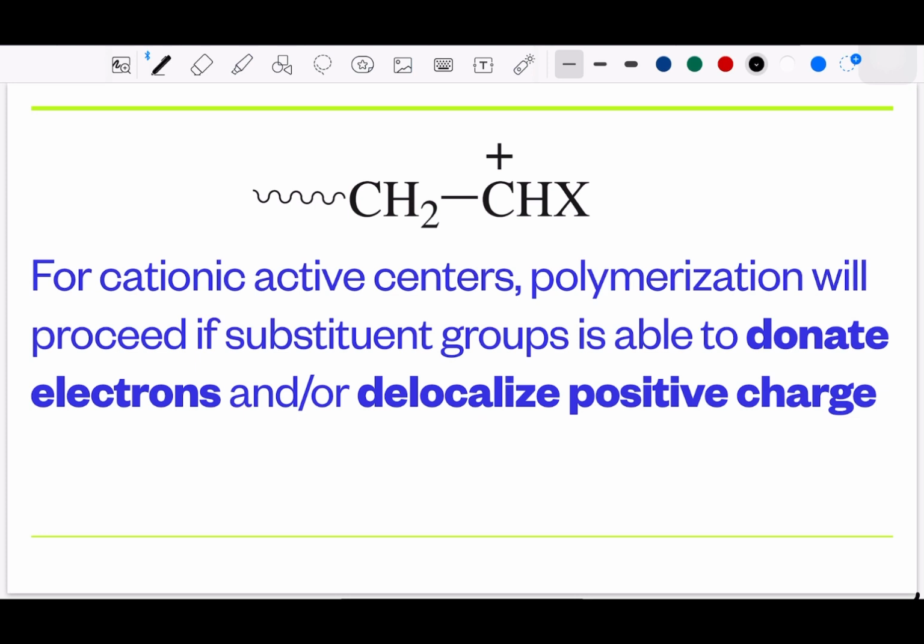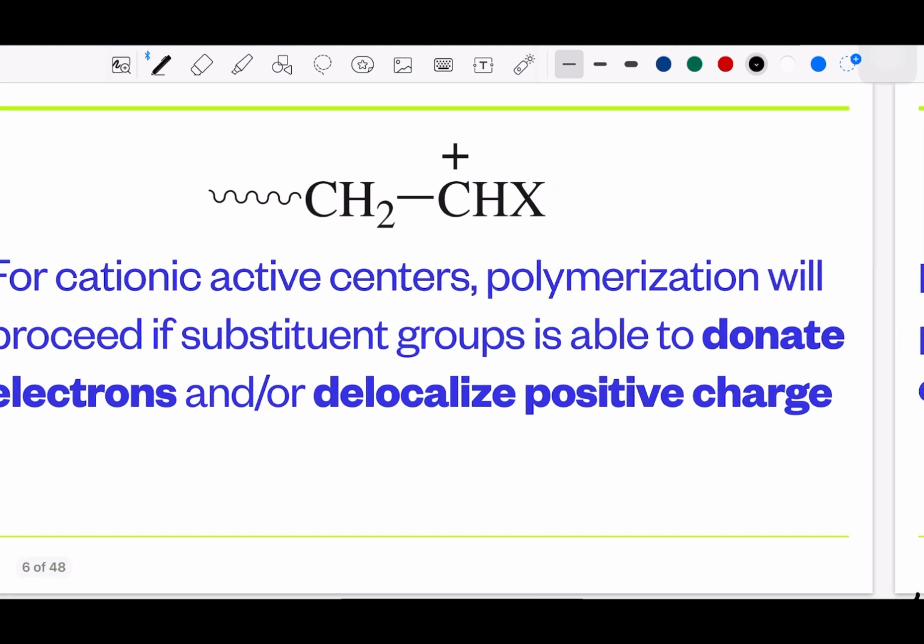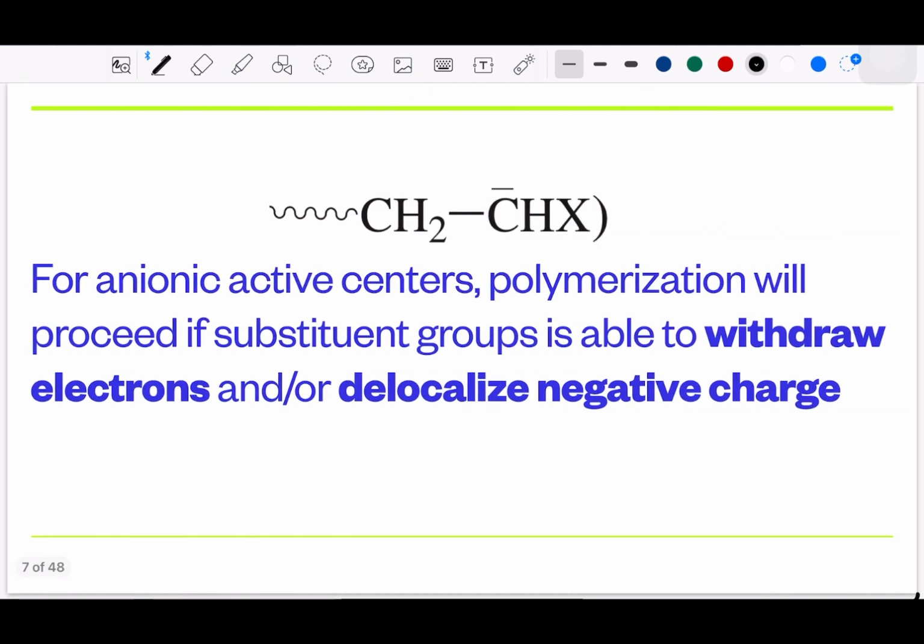Okay, this is the carbocation. And for the anionic, for the negative charge, because it's now negative, the group needs to have something that can withdraw electrons. So if the positive can donate, the negative can withdraw.